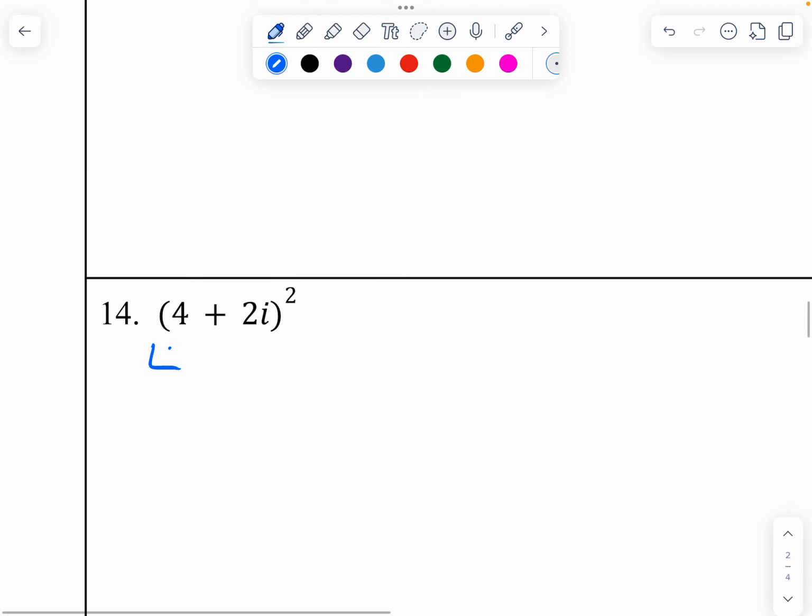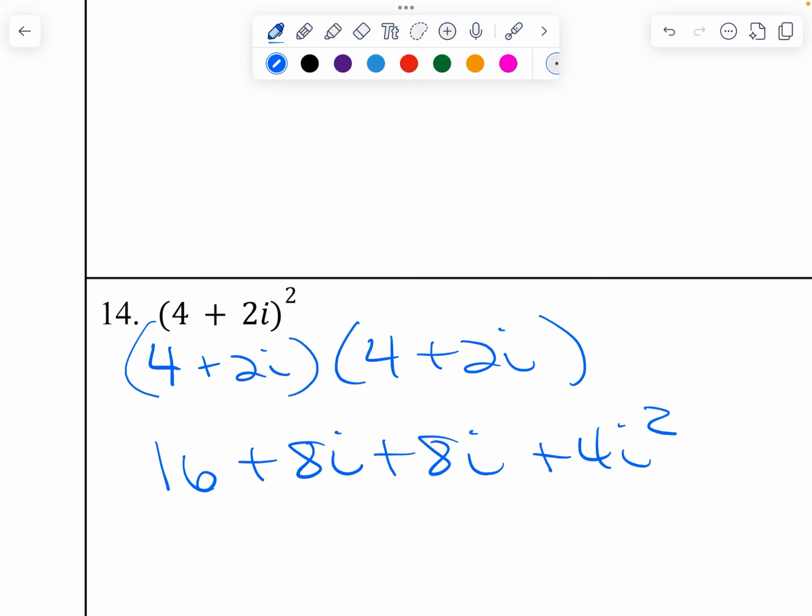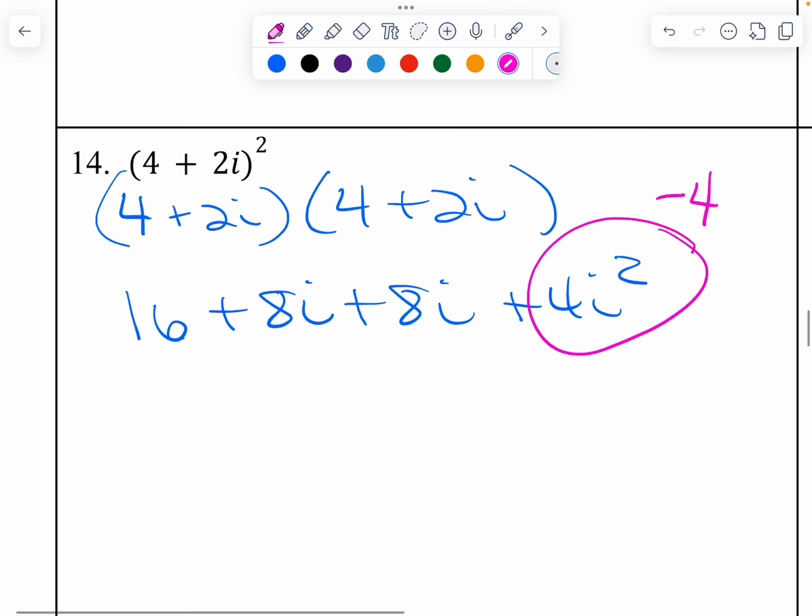imaginary, imaginary, imaginary, and that would get me negative 8i. This one, so 4 plus 2i times 4 plus 2i, I would get 16 plus 8i plus 8i plus 4i squared. This right here changes to negative 4. So if I combine like terms, I would get 12 plus 16i.